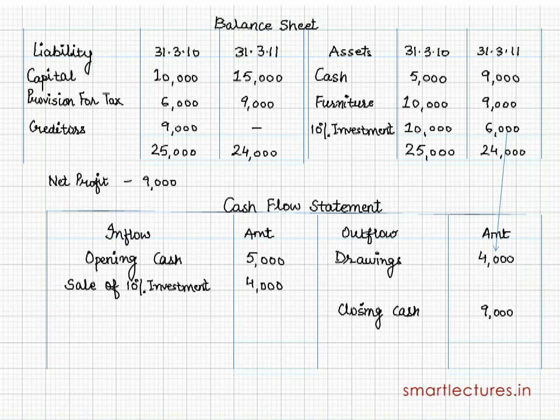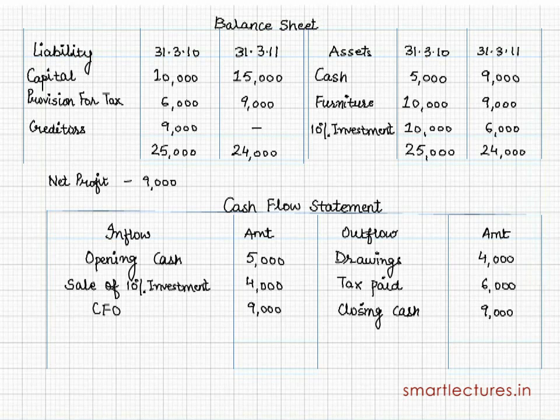You know, provision for tax made of rupees 9,000 was added back to net profit to calculate cash from operation. But in this form, the tax has been paid rupees 6,000. So tax paid on outflow rupees 6,000. And cash from operation was 9,000. It will be taken to the inflow.